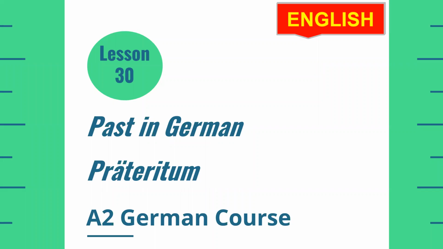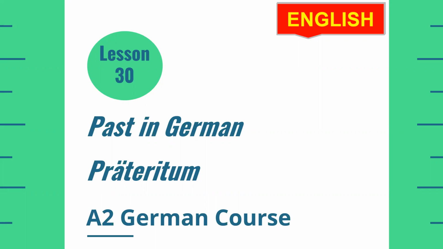Today is lesson number 30 of A2 level of German language course, and today we are going to cover the topic of past tense in German language. Past tense in German language is called Präteritum, and it is very rarely used in spoken German.